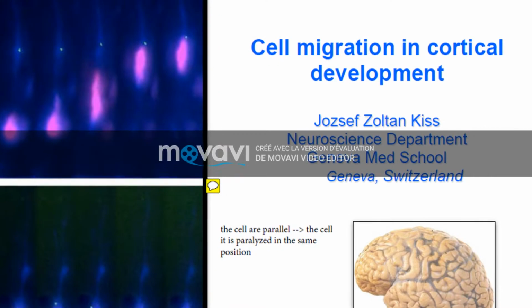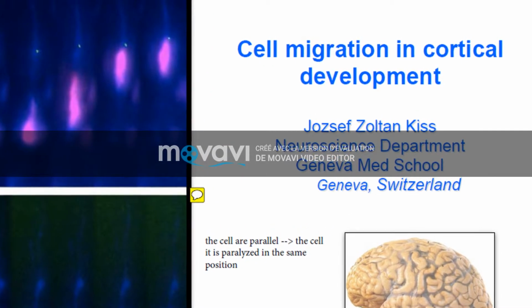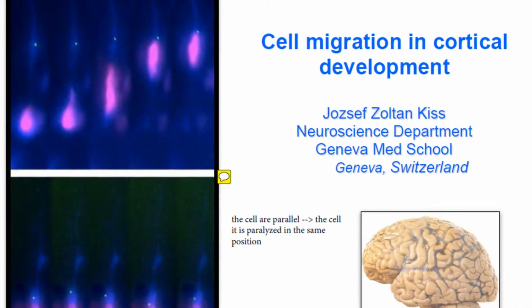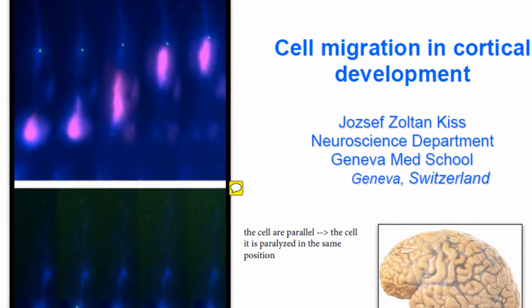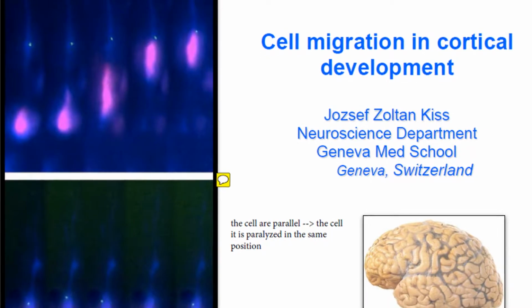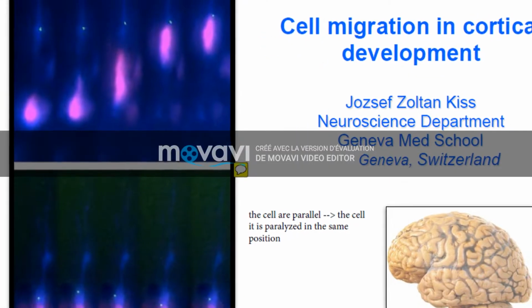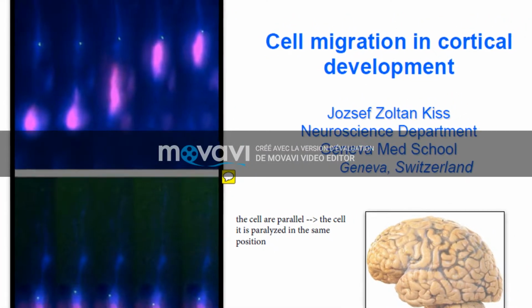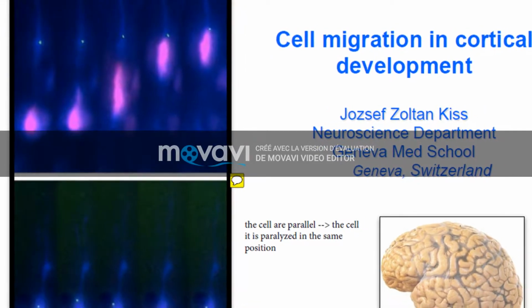So here you see the normal development, as I told you, that there is this splitting of the preplate and the future cortex is placed here, and the successive waves of migrating neurons are generating a sort of inside-out cortex.